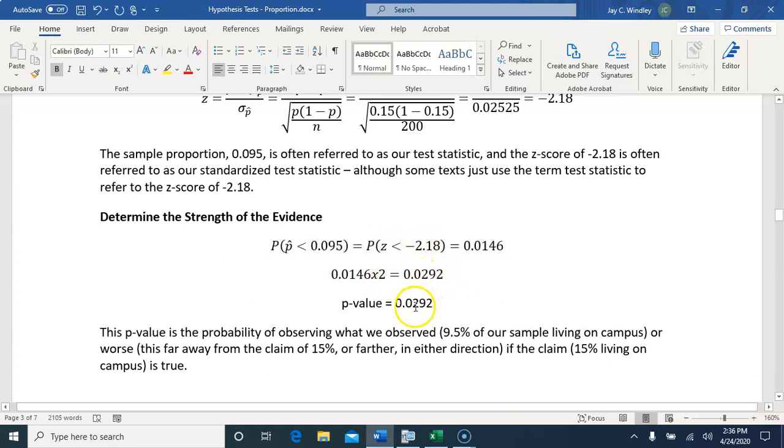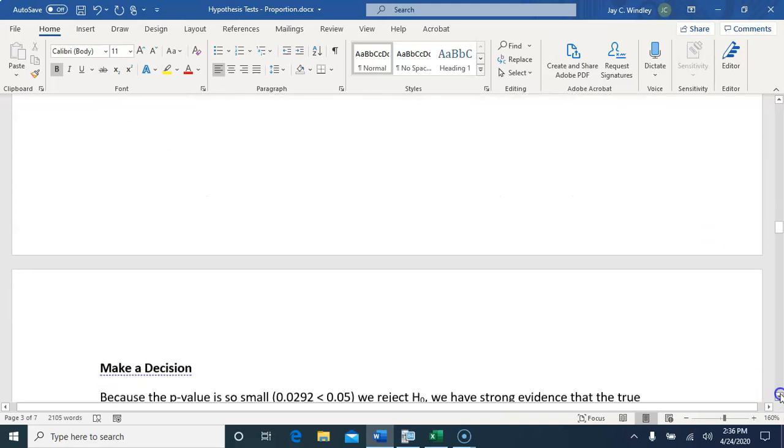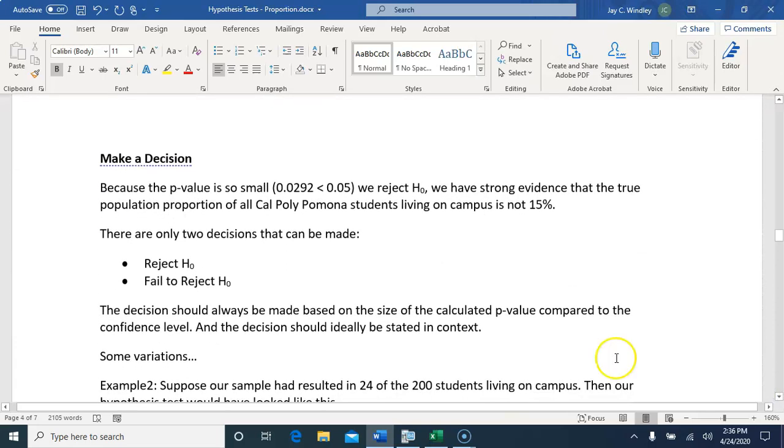And after multiplying by 2, we get this. This is called our p-value, the probability of observing what we observed or worse if the claim is true. And then we have to make a decision based on that p-value. Because the p-value is so small, and again, the dividing line for what is referred to as small is the significance level alpha, which we said for this problem we're going to do an alpha of 0.05.